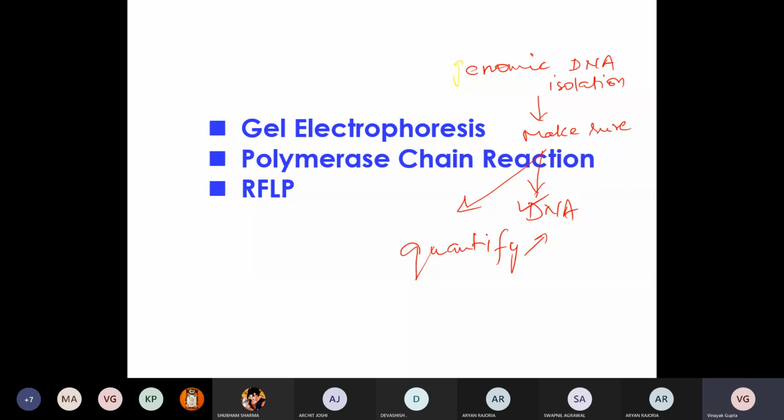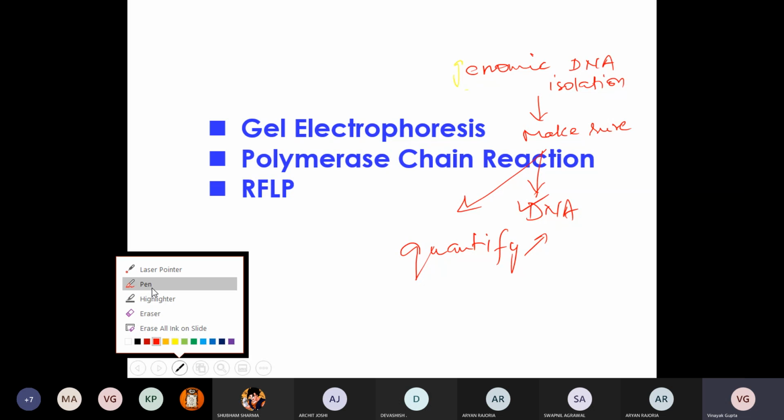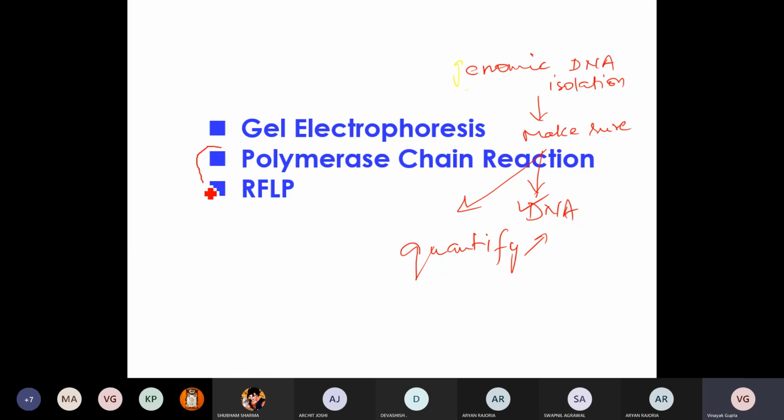Okay, there are two important points. Whenever we do genomic DNA isolation, it is a must to see that DNA. Yes, we have seen the DNA, that means it is there. And then quantify how much DNA you have. The reason behind the quantification is that these two particular techniques require a particular amount.